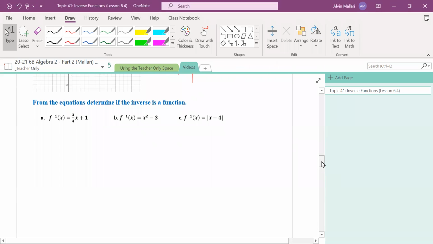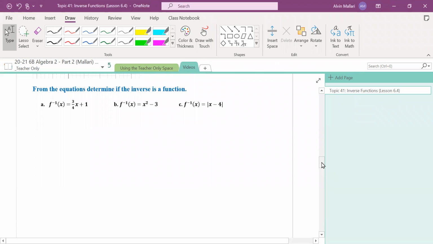Okay, all right. Now, what if instead of a graph, we are given equations? If we look at the following equations, let's say in A, this is a linear function, a linear equation. So since it is linear, it's going to resemble a shape like this, wherein it has a y-intercept of 1 and the slope is 3/4. It's a positive slope, so it's rising from left to right. So given this shape of the graph, we will do the horizontal line test.